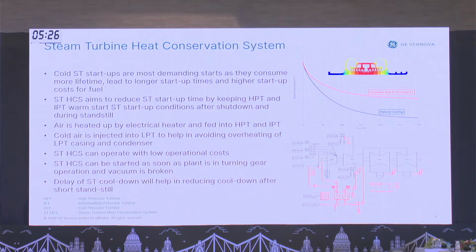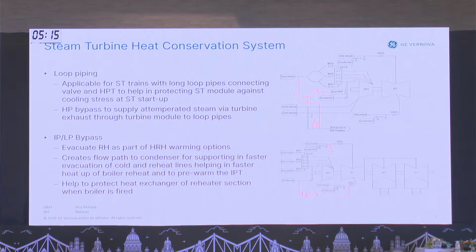And also we are doing some extra piping. We are taking out the bypass steam and feeding it to the reheat line and CRH line. So those kinds of modifications we are doing plant to plant. And with that, we can keep our steam turbine in the warm start position.